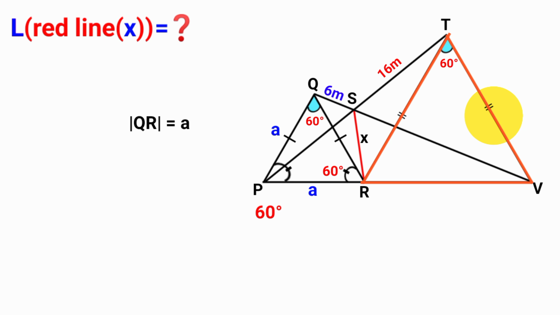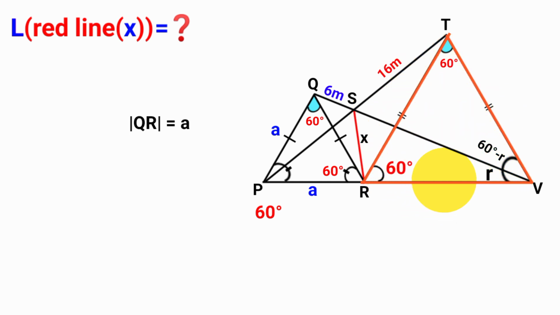Since this side and this side are congruent, and we have this angle to be 60 degrees, this and this each will also be 60 degrees. But if we let this be R, this must be 60 degrees minus R. We are sure this triangle is also an equilateral triangle.